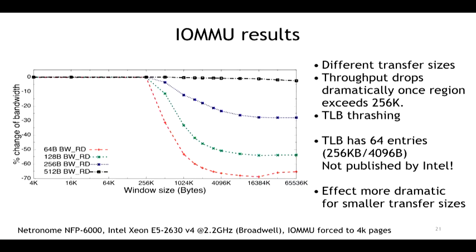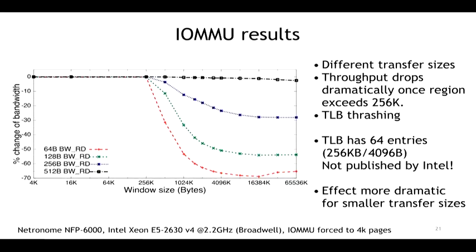What you see here is the comparison of the percentage change of a bandwidth of a PCI read transaction for different sizes of regions in host memory we are accessing. And it's a percentage change between the non-IOMMU and the IOMMU case, right? And you see a very dramatic drop, in particular for small DMAs of like 64 bytes.